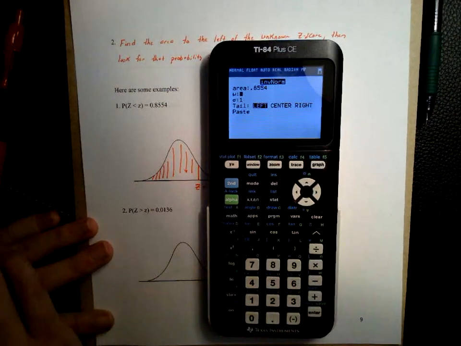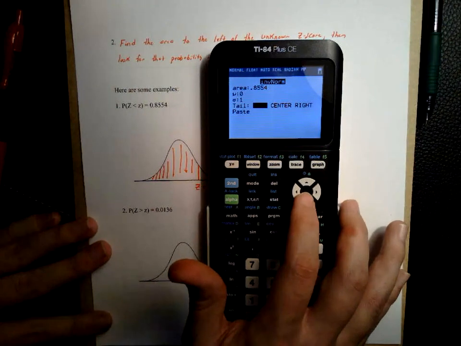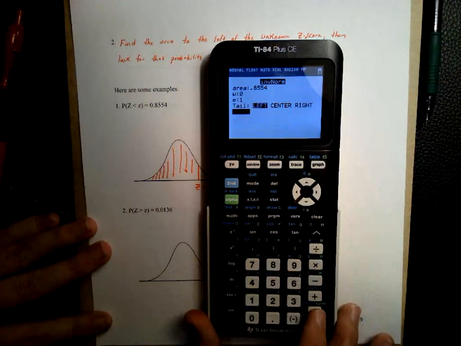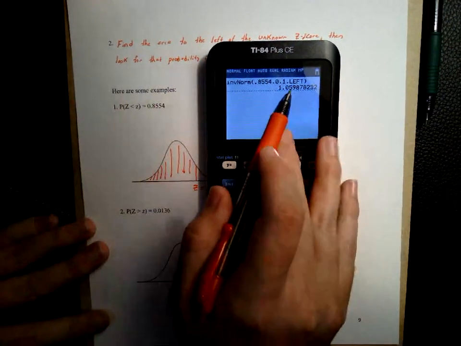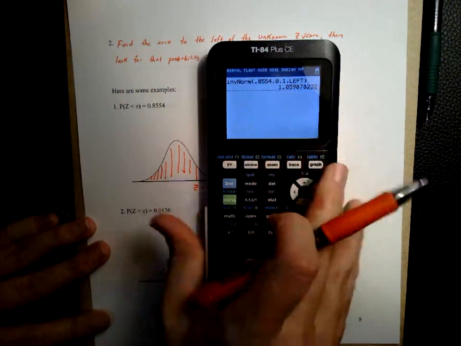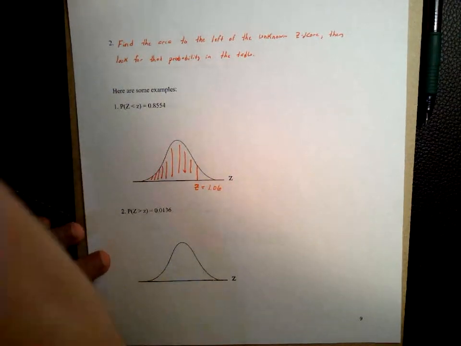Since we have a standard normal distribution, the mean is 0 and the standard deviation is 1. And we were already given the left-hand area, so we don't change this tail. Then hit paste, and it'll tell us the exact z-score. In this case, it was 1.059. It just rounded that up to 1.06 because our tables only go up to 2 decimal places.